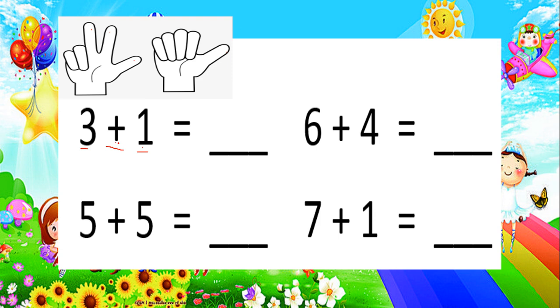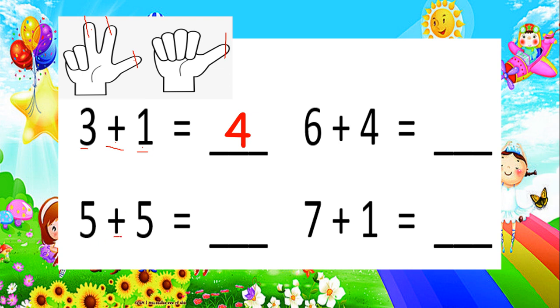So 3 plus 1, you need to put all your fingers together. So how many fingers are there in all? 1, 2, 3, 4. All right, so 3 plus 1 equals 4.